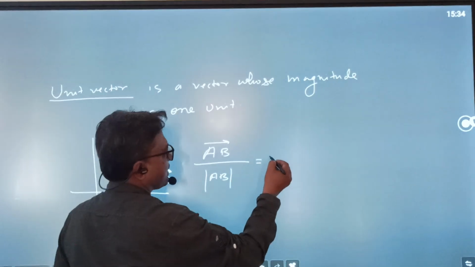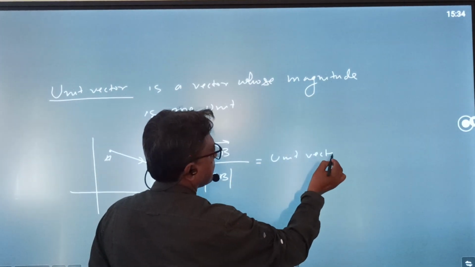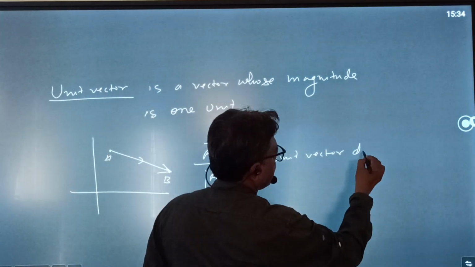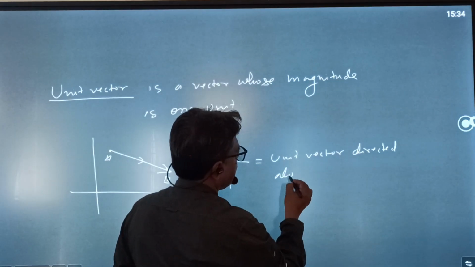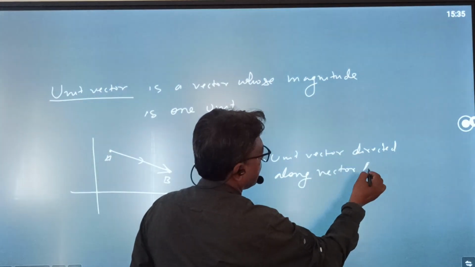So this is a unit vector directed along vector AB.